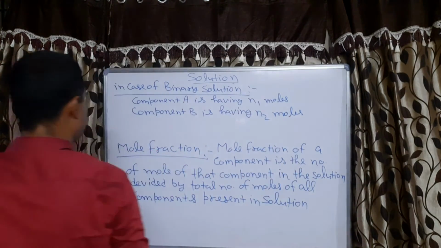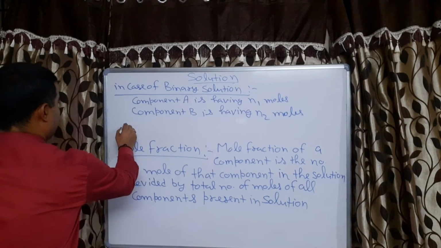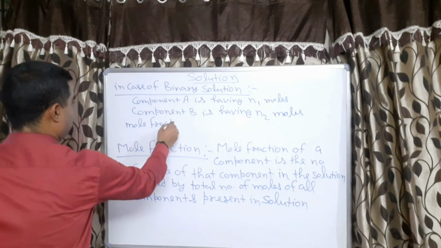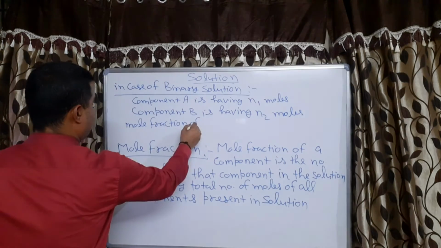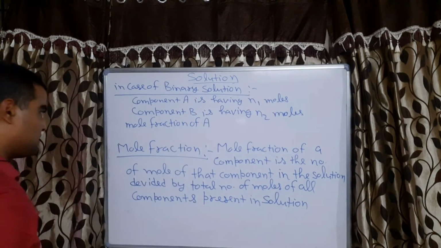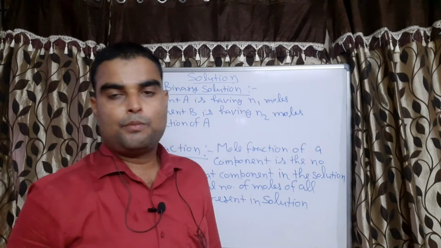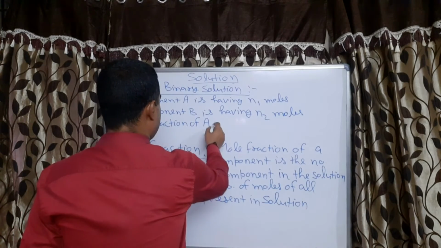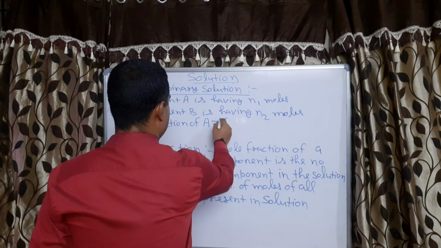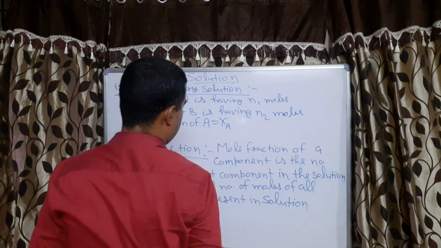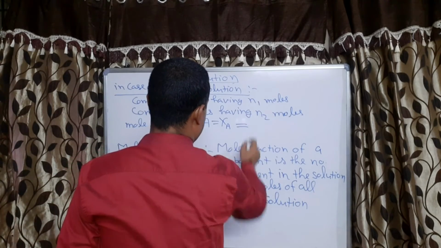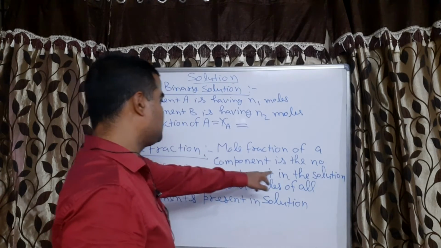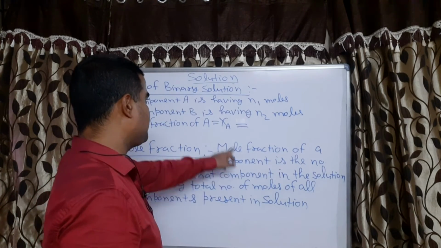Now we want to define the mole fraction of component A. Correct? Now mole fraction is represented by X. So this we can write as XA. And that will be equal to the number of moles of that component.